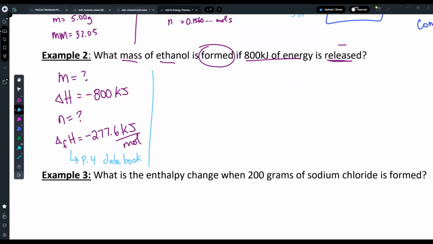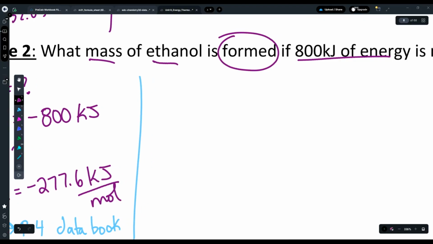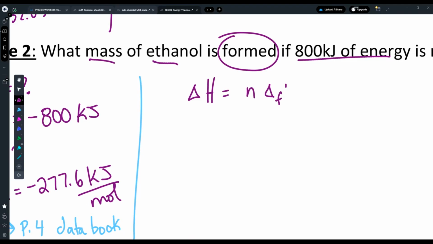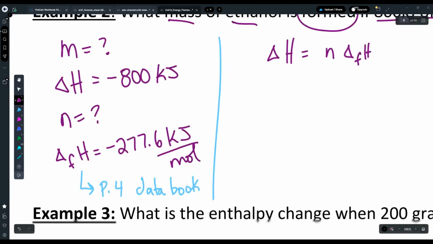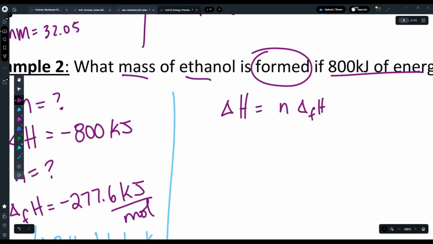All right. So let's take a look at our formula. Delta H is equal to moles times molar enthalpy of formation. We have no clue how many moles we have here, so that's what we want to isolate for in step 1 of this calculation.